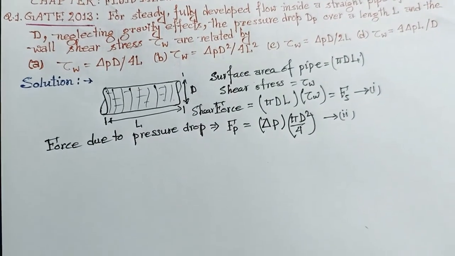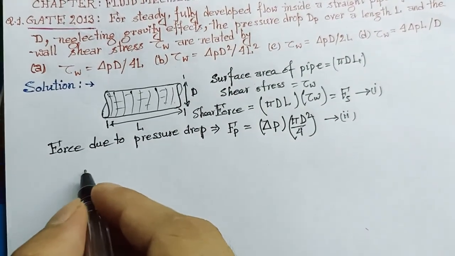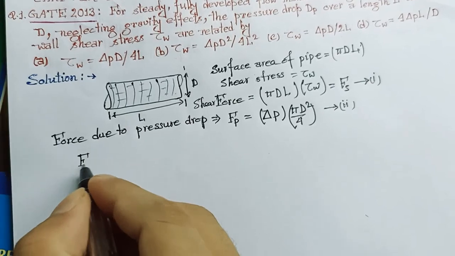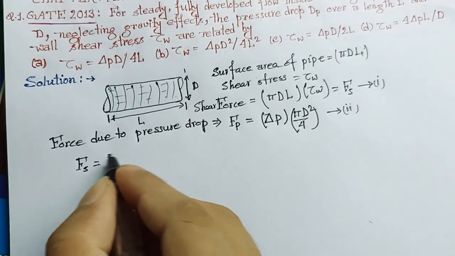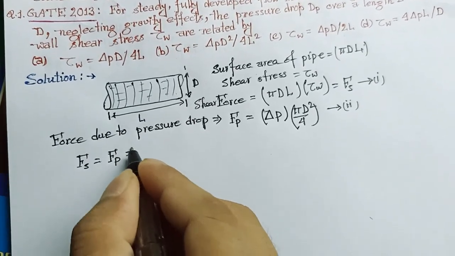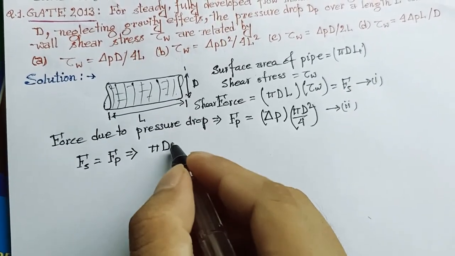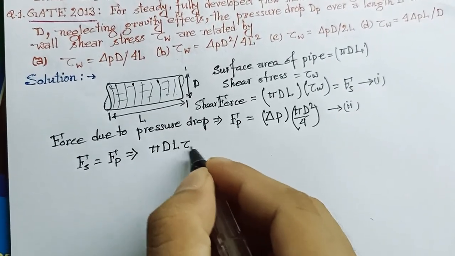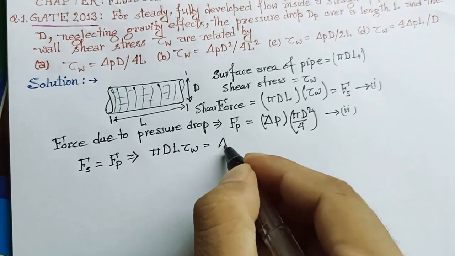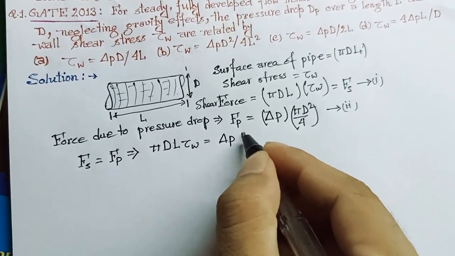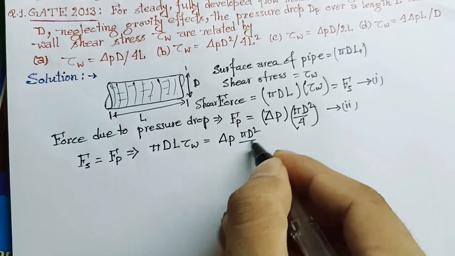If they balance each other, then we can write Fs equal to Fp. So from this equation we can find pi dL multiplied by tau W will be equal to del P into pi d square divided by 4.